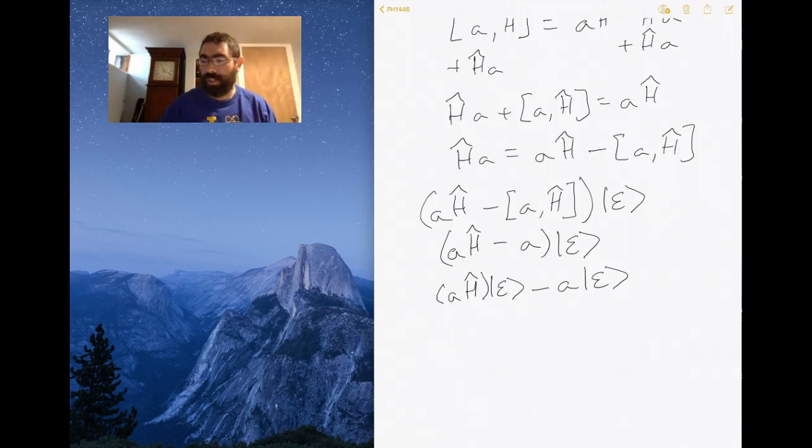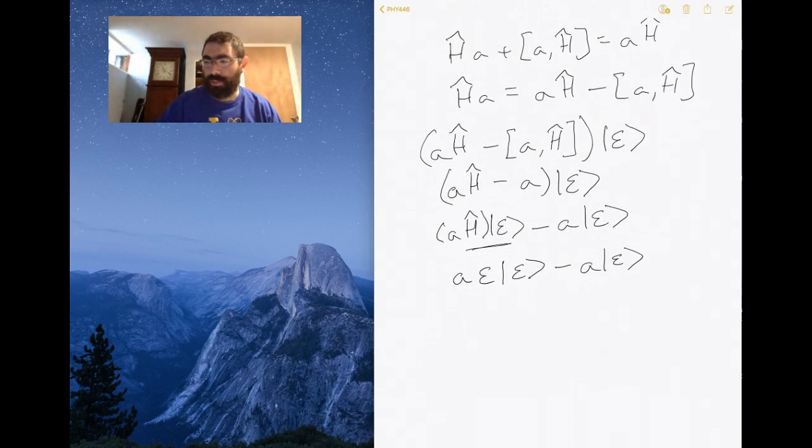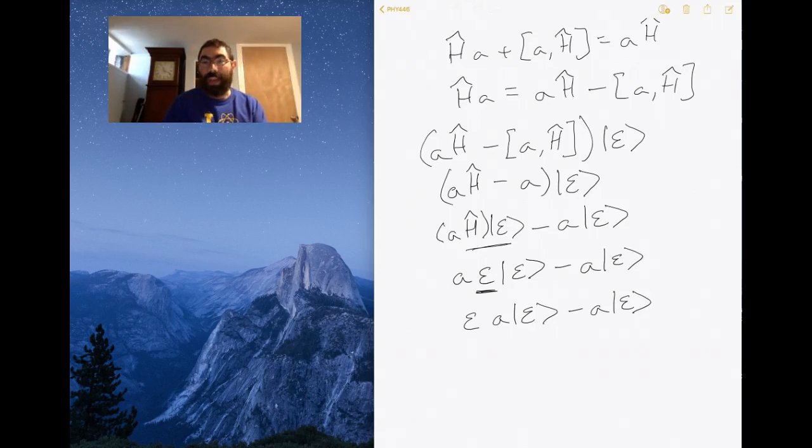Now, the Hamiltonian operating on the energy gives us the energy again. So that's A times the energy eigenvalue times the eigenvector minus A times the eigenvector. The energy eigenvalue is just a number, so I can bring it out in front of the operator. So I get epsilon A acting on the eigenvector minus A acting on the eigenvector, which I could then factor out. So I have epsilon minus 1 times A times the eigenvector.